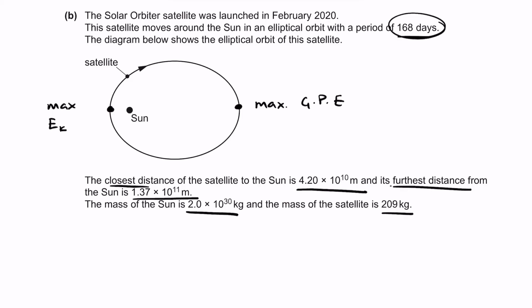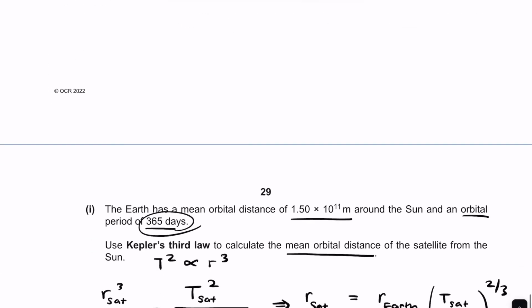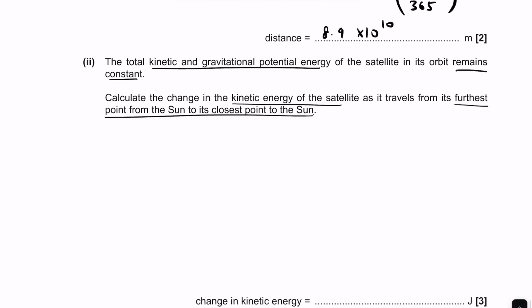So if we want to calculate the change in the kinetic energy, it will be the same as the change in gravitational potential energy. I'll just make it a point that delta GPE is equal to delta kinetic energy, and we know the formula of gravitational potential energy is GMm over r, or change in GPE is just GMm times change in 1/r.